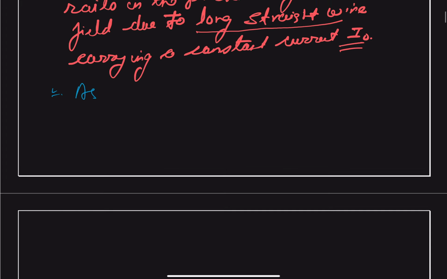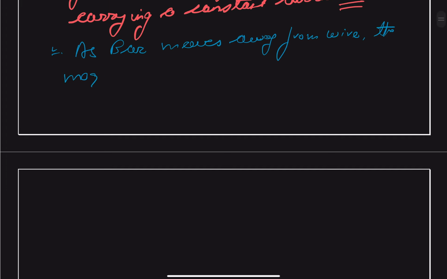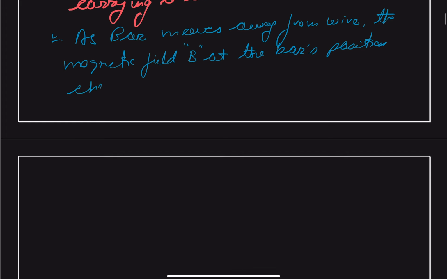So as the bar moves away from the wire, the magnetic field, let us suppose that is given as B, at the bar's position changes, inducing an EMF, which let us suppose is given as E.